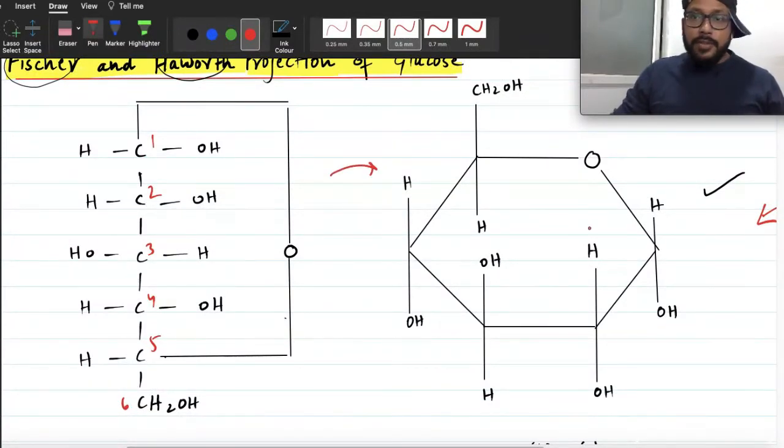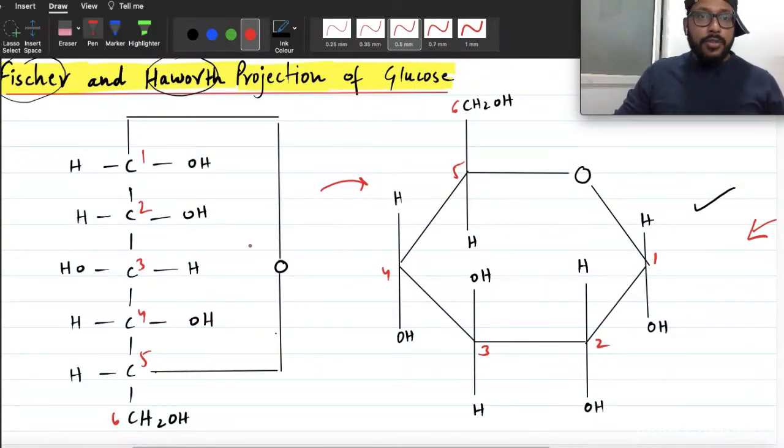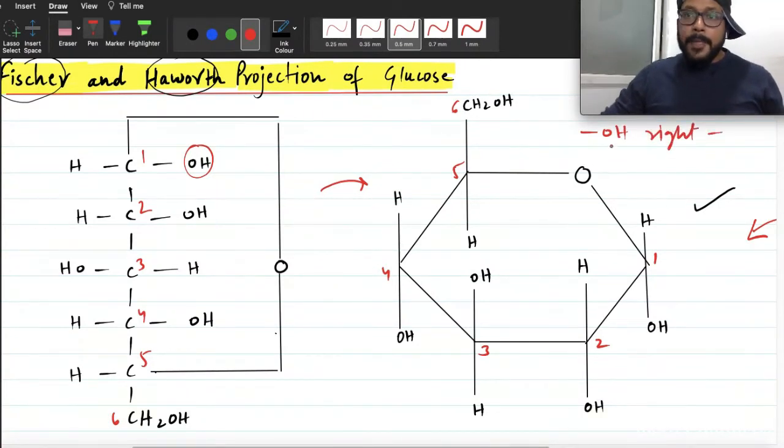So C1 is this carbon, C1, 2, 3, 4, 5 and 6. All of these 6 carbons are represented by this numbering. So at C1, the right-hand side OH is always present at the bottom.